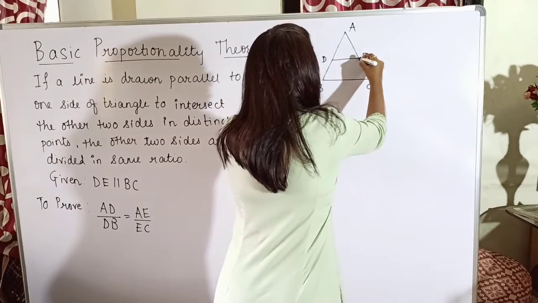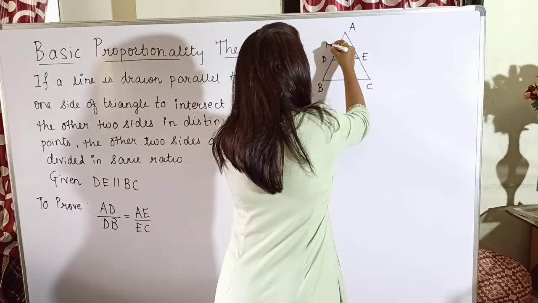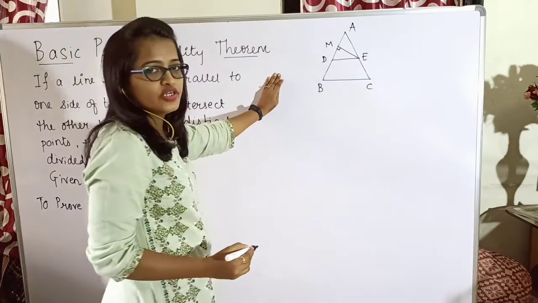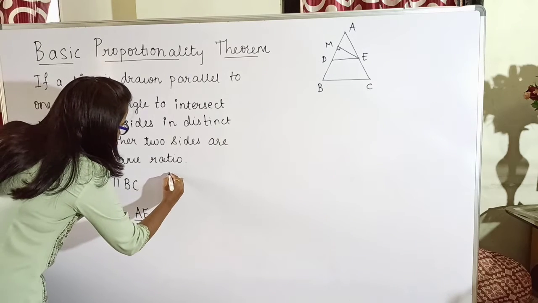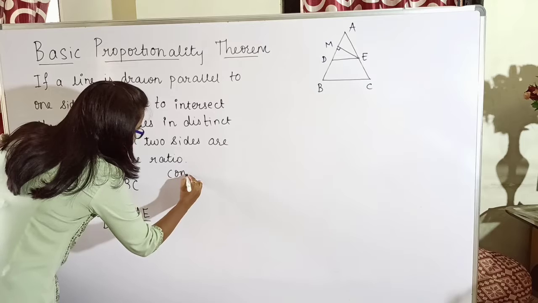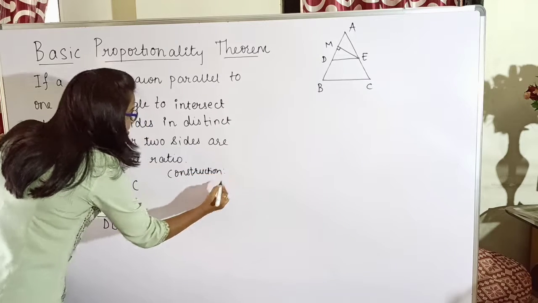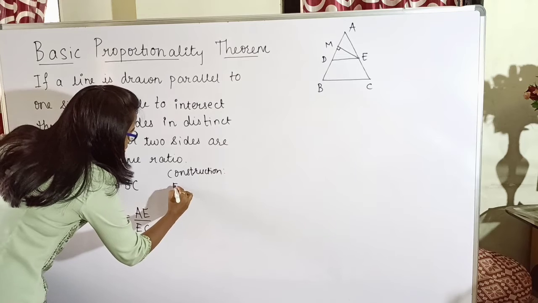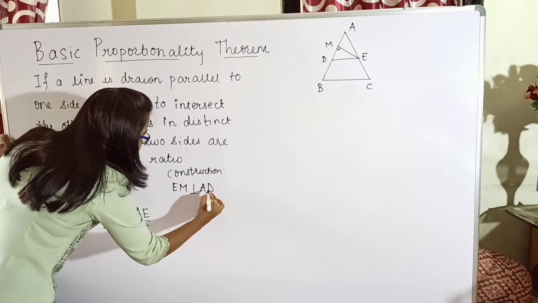So let us draw EM perpendicular to AD. Your extra construction would be: draw EM perpendicular to AD.